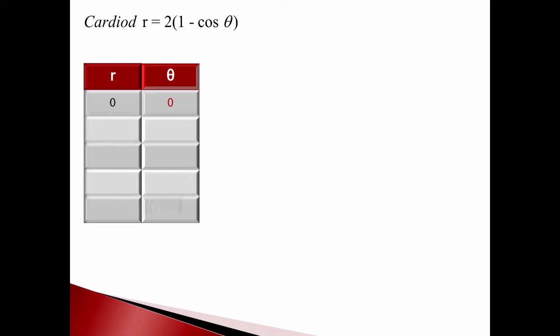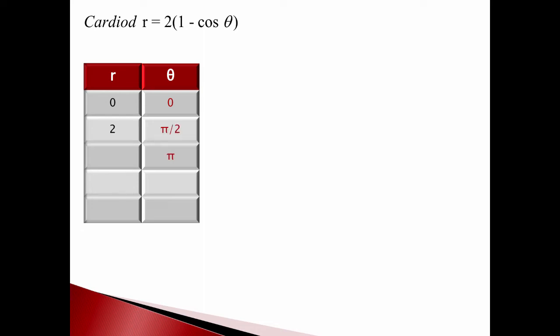So my r will be 0. When theta gets to pi over 2, cosine of pi over 2 is 0. So in parentheses I have 1 minus cosine of pi over 2. That's 1 minus 0. So that parentheses becomes a 1. So r becomes 2 times 1, which is 2.